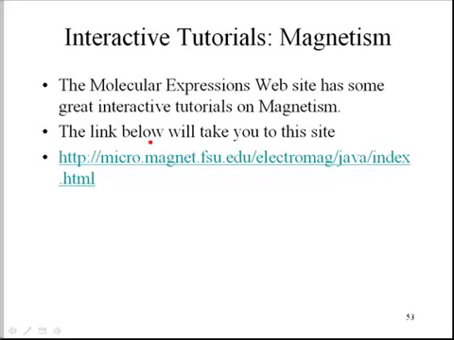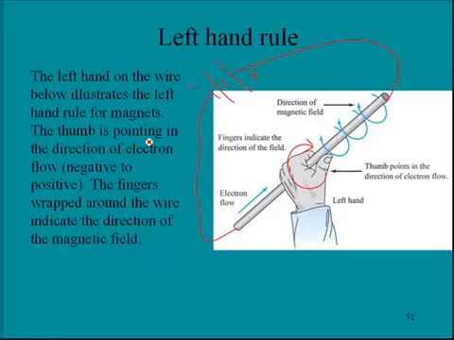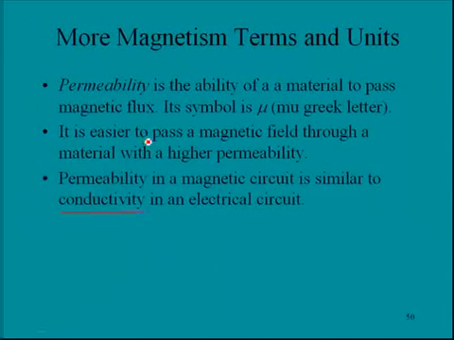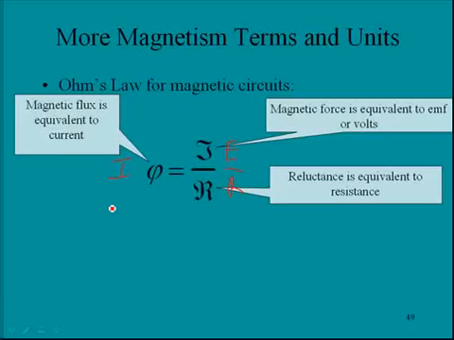Okay, in this particular lesson we ended up looking at the left-hand rule. We looked at magnetic versus electromagnetic fields. We talked about permeability, and remember permeability was kind of similar to conductivity. Remember we talked about Siemens, which were the reciprocal of resistance, and permeability is very similar in concept to conductivity.